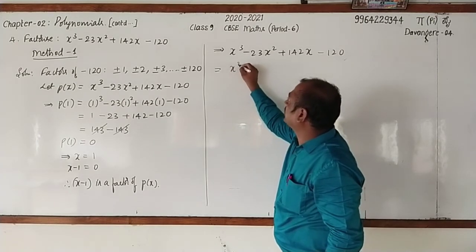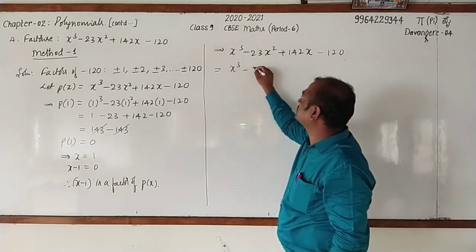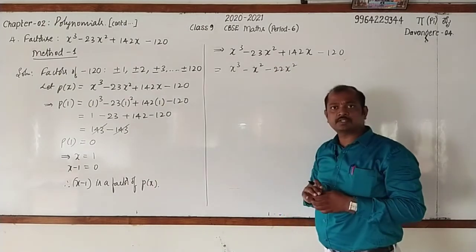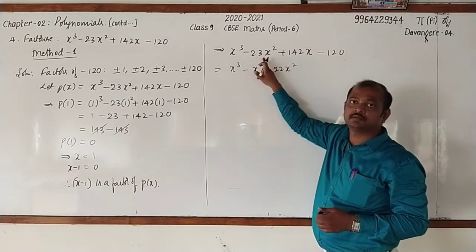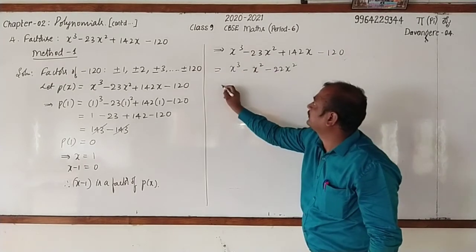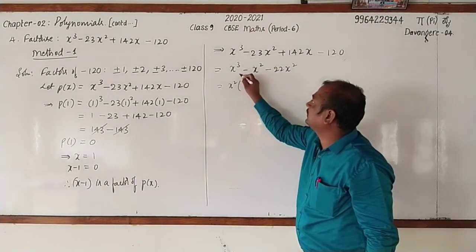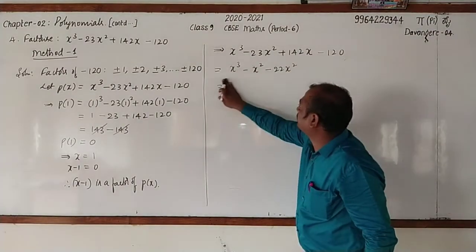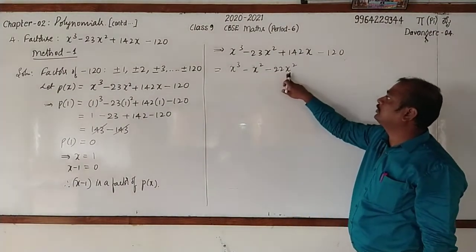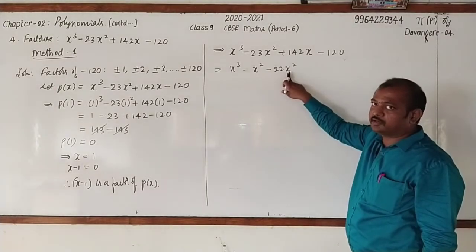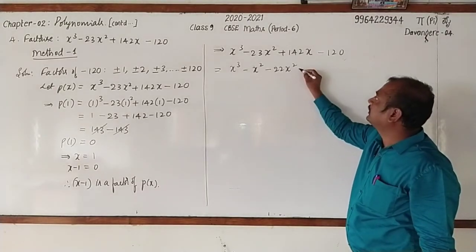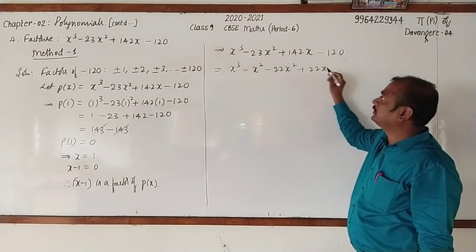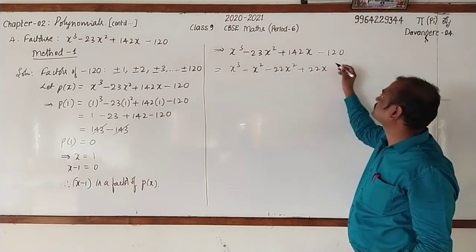Then you can write x cube minus x square minus 22x square. Did you understand why I have written? Okay, because when you take out x square here, it will be x minus 1. Understood? So, from that method, here 22x square. If 22x square, if I want to get x minus 1, again I need 22x, right?